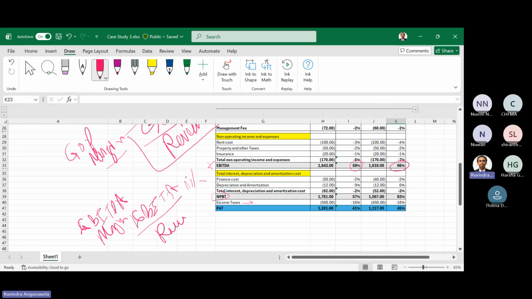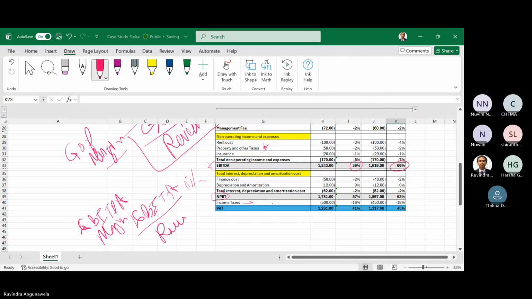This tax is different to the property and other taxes. The property and other taxes, clubbed under operating and non-operating expenses, are not based on profitability or revenue. What you pay based on revenue or profitability is what you call income taxes here.